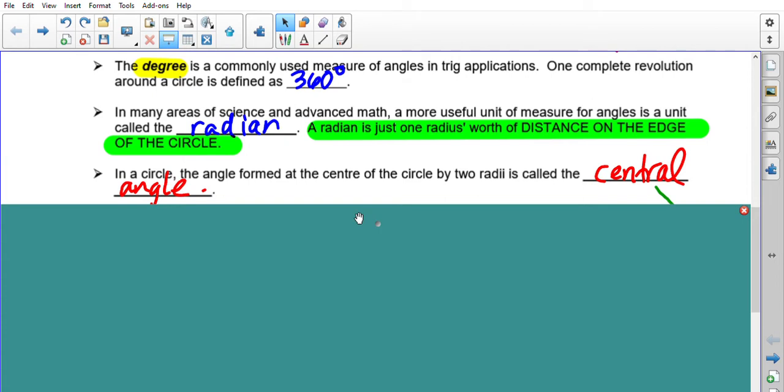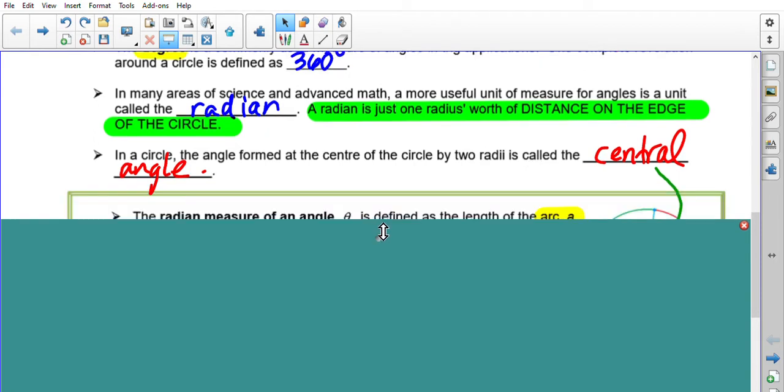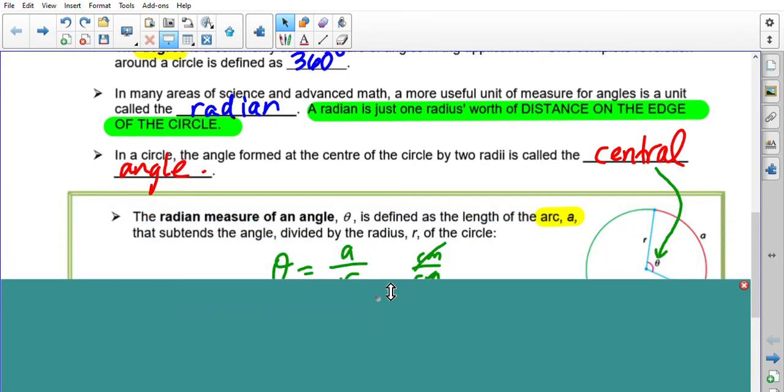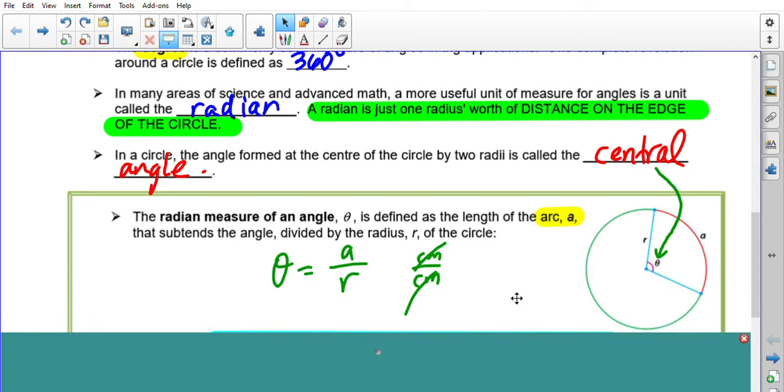Before we go into the definition, keep in mind that in a circle, the angle formed at the center of the circle by two radii is called the central angle. So I'm going to show that here in a diagram. So here's our circle. We start off at one point here. And notice that by drawing two radius lines, in blue, we've created an angle inside. So this is what we call the central angle.